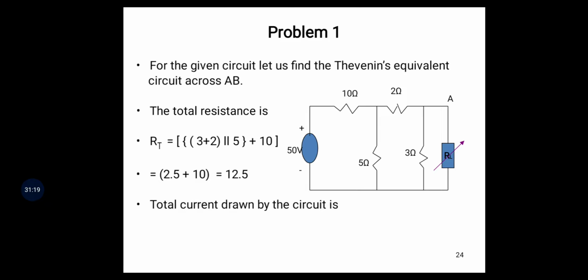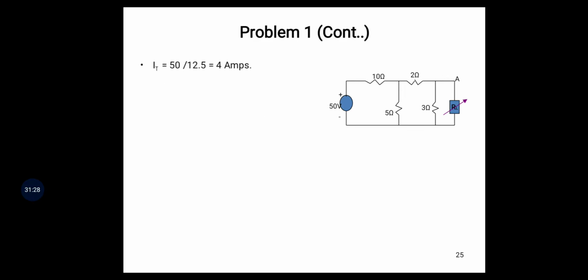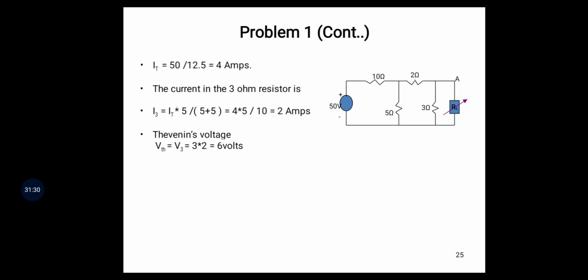So 2.5 plus 10 equals 12.5. Total resistance RT equals 12.5. Then the current IT equals 50 divided by 12.5, that equals 4 amperes. Total current is 4 amperes.